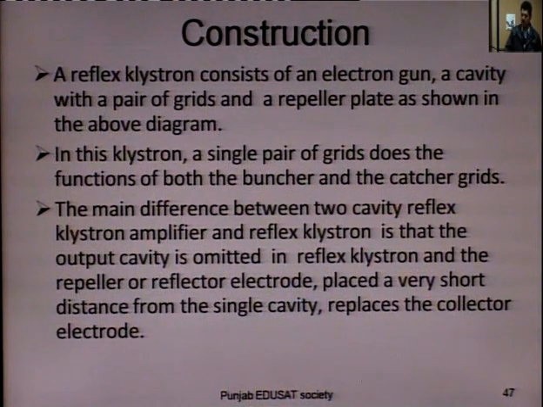So the main difference between the two-cavity klystron amplifier and the reflex klystron is that the output cavity is omitted here. Only one cavity is used. It acts as a buncher cavity for forward-moving electrons and as a catcher cavity when the electrons are moving back from the repeller to the cavity.